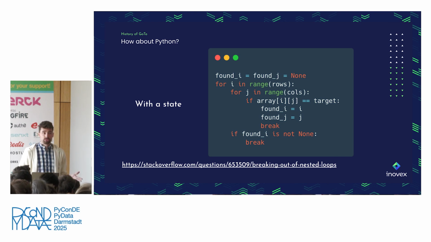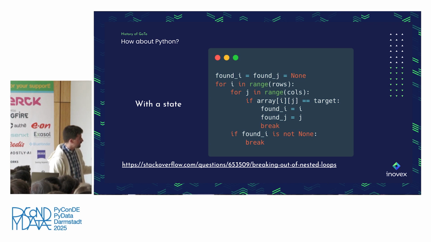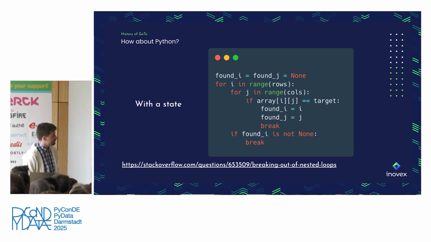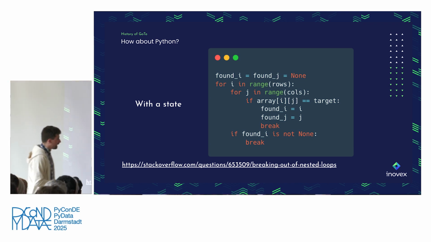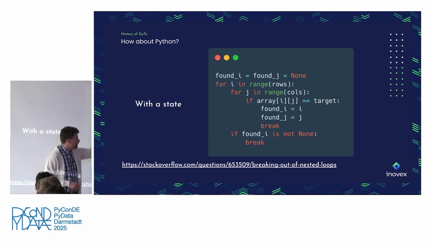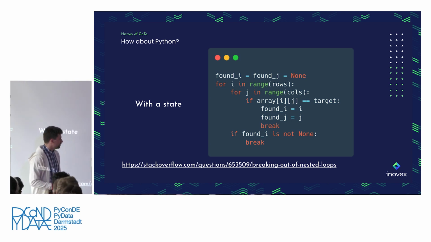So the natural question comes up. We just saw the nice readable Java code. So how would you now solve this problem in Python? You could use some kind of state, right? So here we have a nested loop again, and we are trying to find the indices i and j where the array equals some kind of target value.